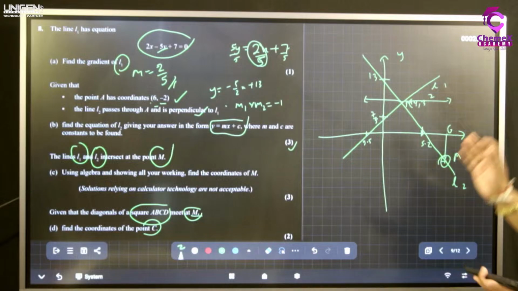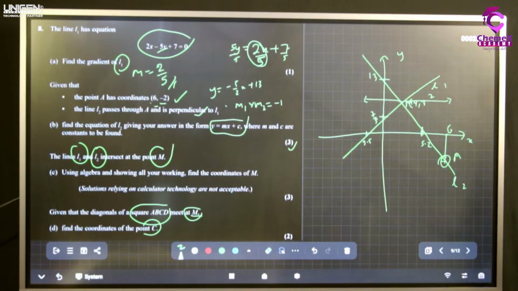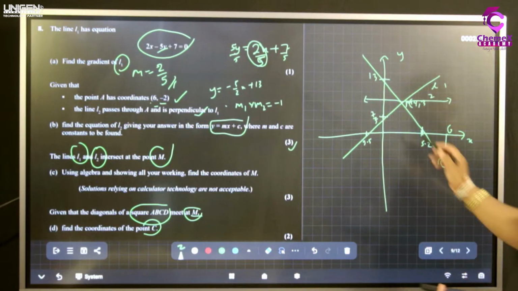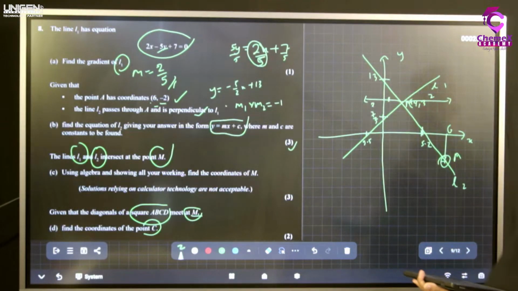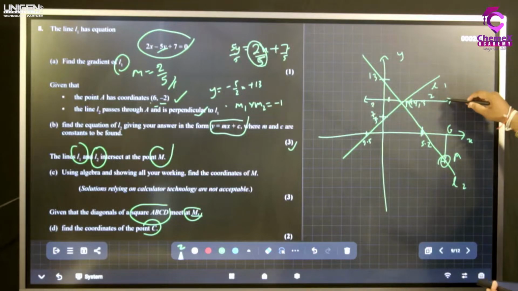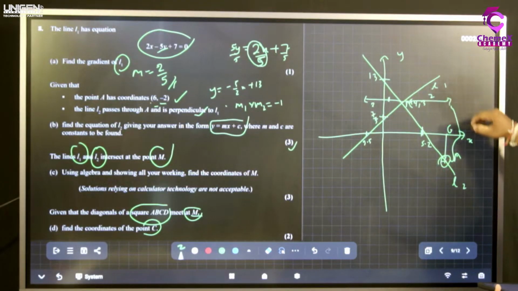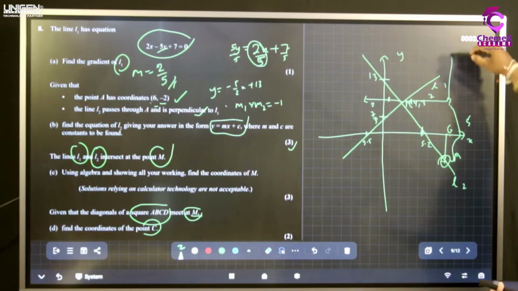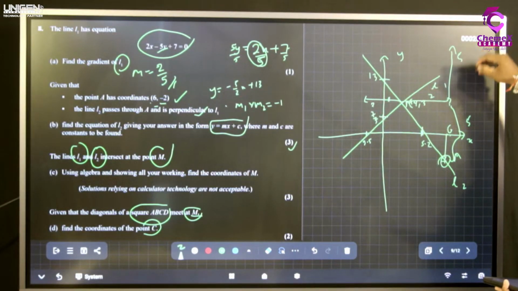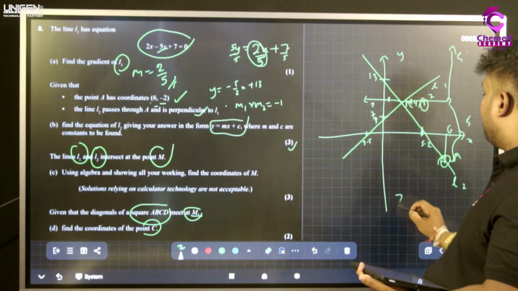So 4 minus 2 is going to be 2, right? Towards somewhere here. Then upwards, what is this gap? It's 3 plus 2, 5, right? So you will have the same steps up. So 3 plus 5 is 8. So what's the coordinate going to be? 2, 8.